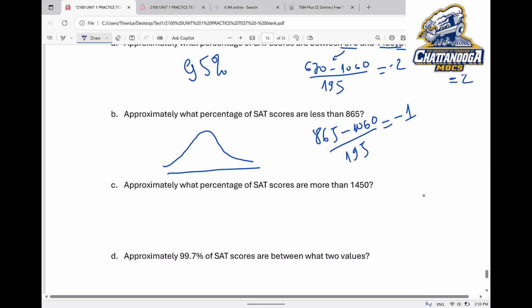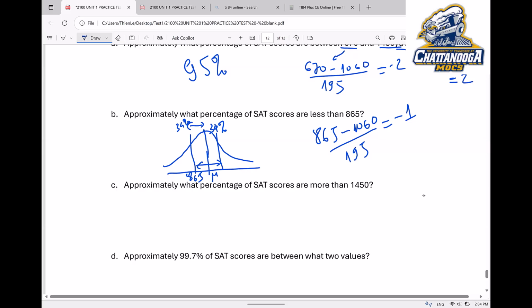What it tells us is 68% of the data belong between mu minus sigma and mu plus sigma, right? So here is 865, and here is your mean. You have 68 in the middle, which means this part has 34% and this part also has 34%. Below the mean, because it's symmetric and bell-shaped, this whole half has 50%.